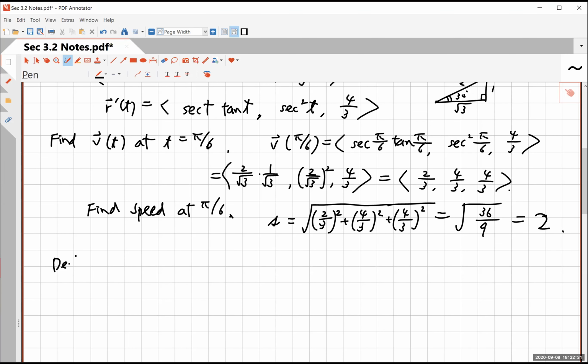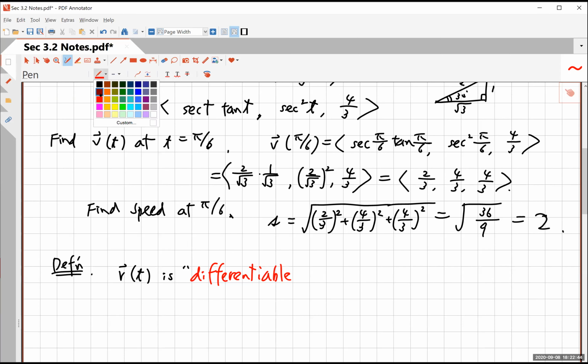Here's a theoretical definition. We say r of t is, what's the word? Differentiable. And what does the word differentiable mean? It means you can differentiate at a particular point, t equals a, if r prime of a exists.